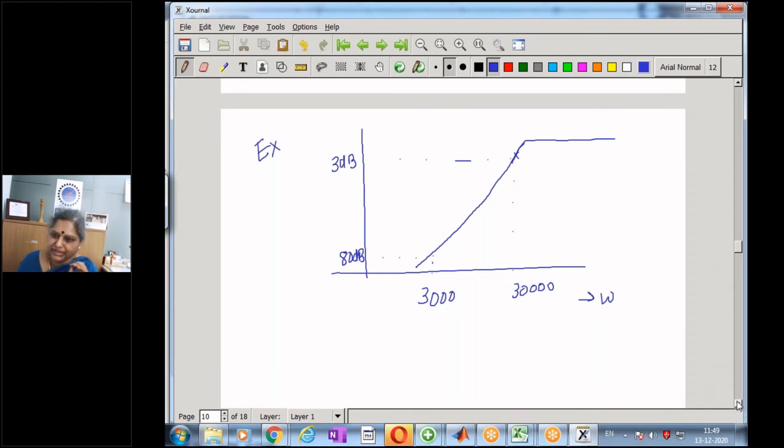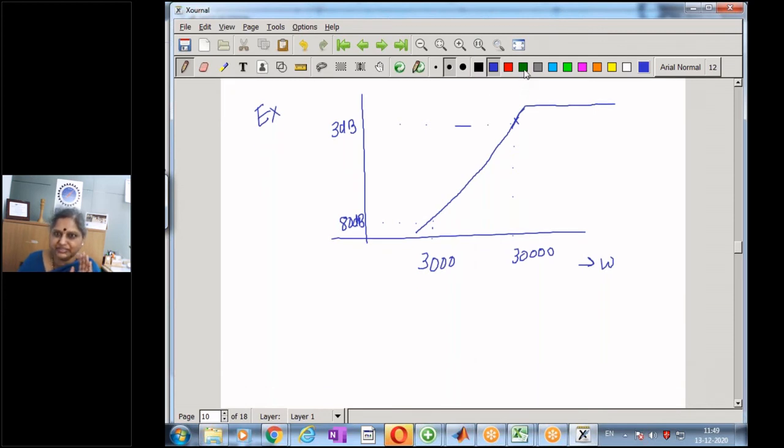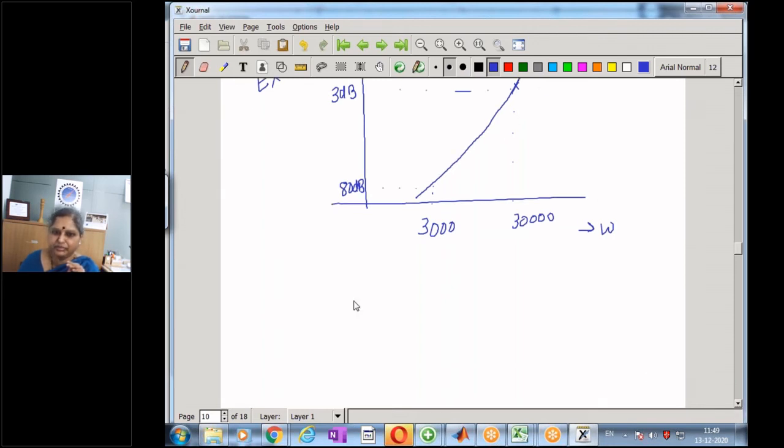So immediately by looking at these specifications, we recognize that these are the specifications of a high pass filter, but we do not know how to design the high pass filter.